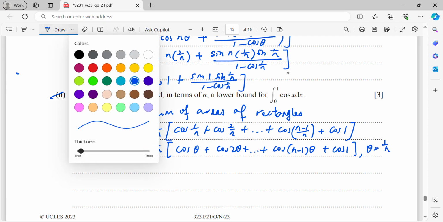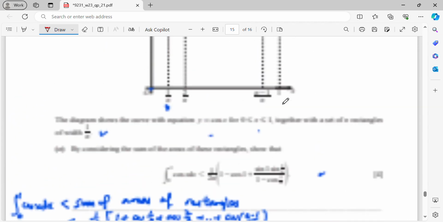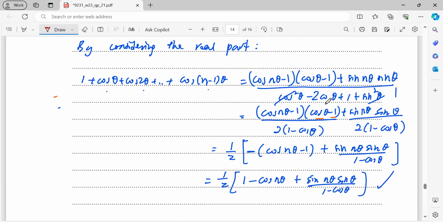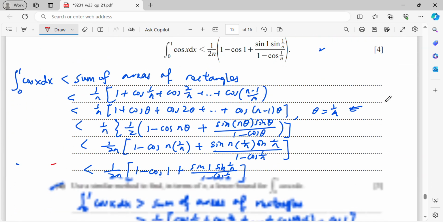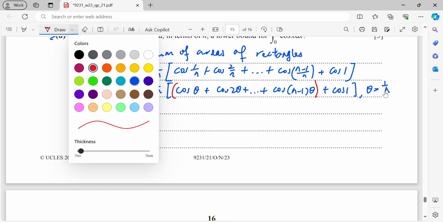Now you check. I put a bracket for all these terms, cos theta until cos (n minus 1) theta. From the first part, cos theta until cos (n minus 1) theta is basically this whole term. And then this one I will have to move to the other side, minus 1. So I will copy this and then minus 1. That is only for the red bracket.